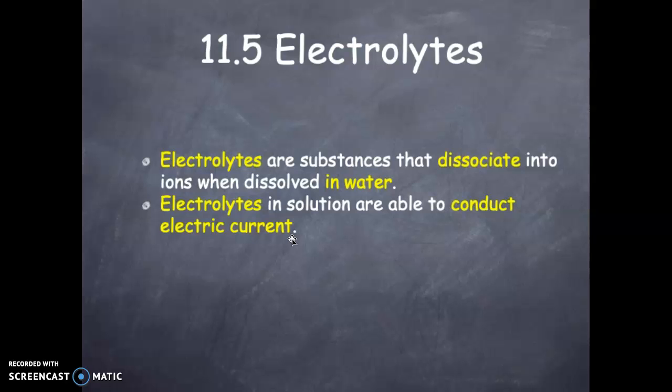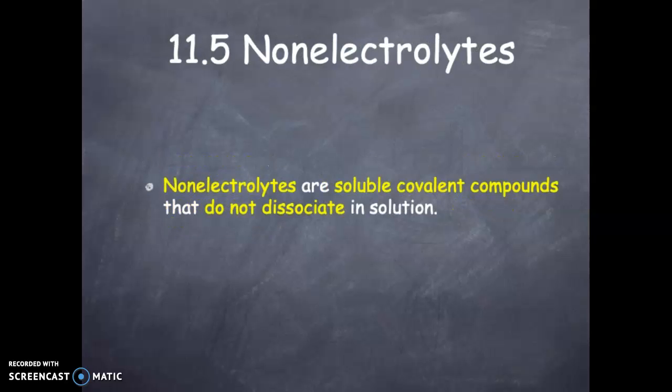So there are non-electrolytes and there are electrolytes, and electrolytes are the kind that dissociate when dissolved in water. Non-electrolytes, as I just said, are soluble covalent compounds that do not dissociate in solution, particularly water solution.